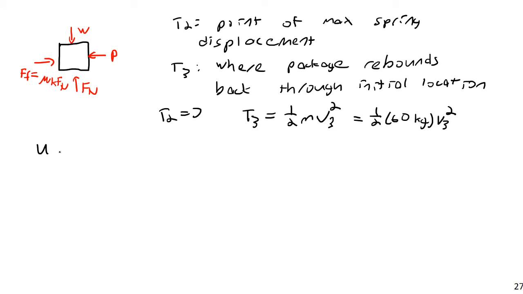Then U from 2 to 3 will be equal to the work from 2 to 3 done by the frictional force plus the elastic force. So that will be negative 377 joules times mu kinetic.